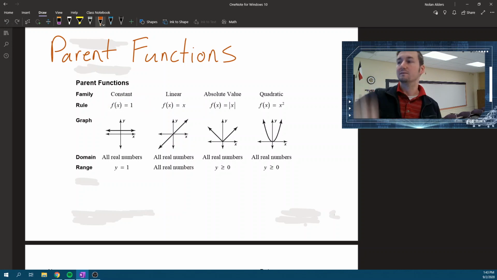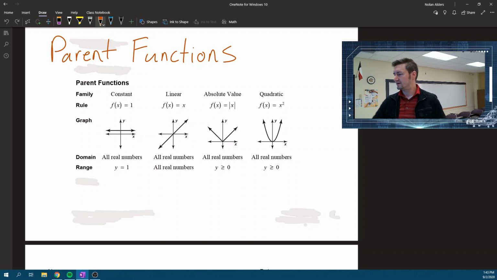It's always equal to 1. Whereas the linear function, it changes. It's also a straight line. In fact, really, the constant function is just a special form of the linear function, because they're both straight lines. So a linear function is a straight line, but it doesn't have to be constant.